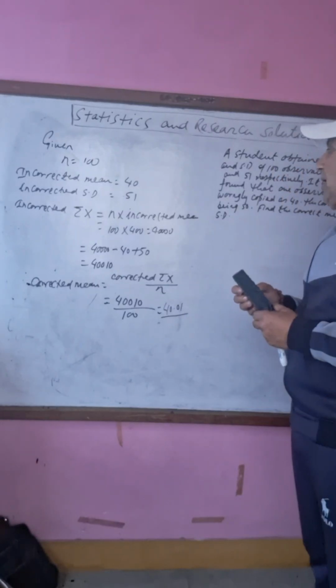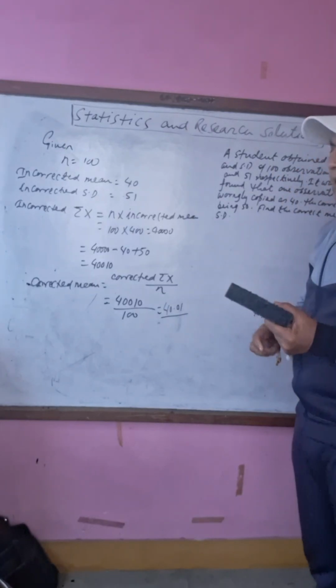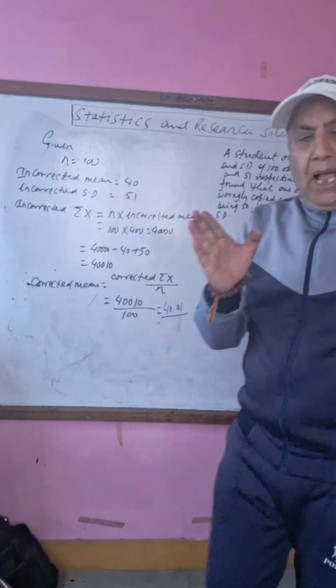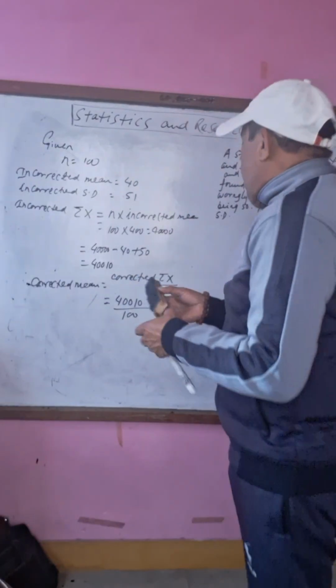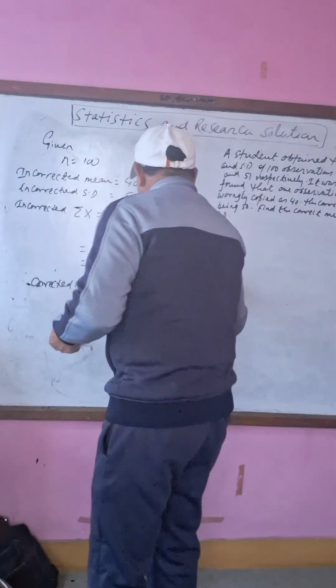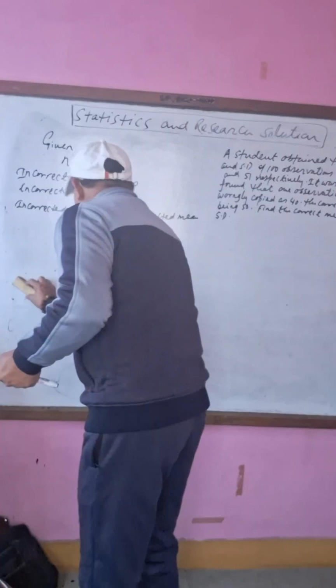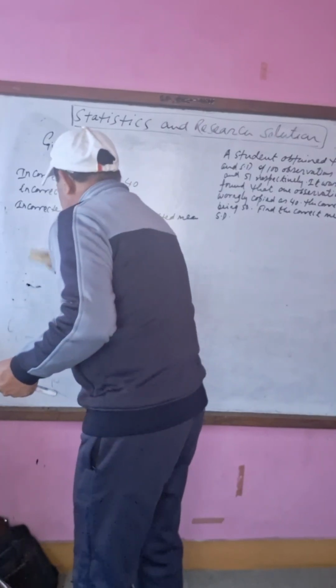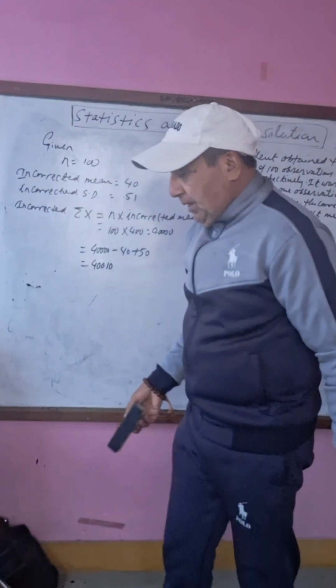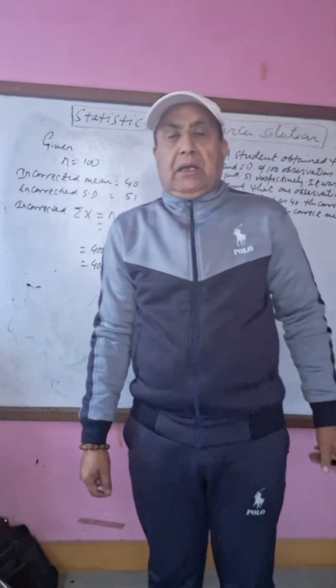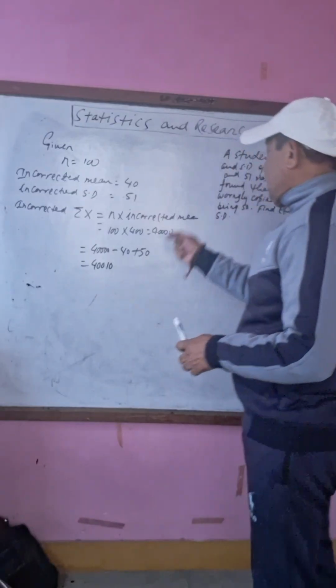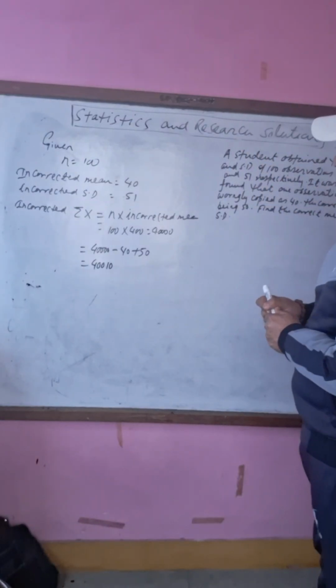What is the formula of standard deviation? You are familiar with that one. In this case, the corrected mean is 40.1.